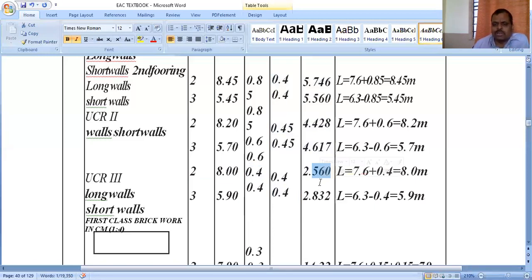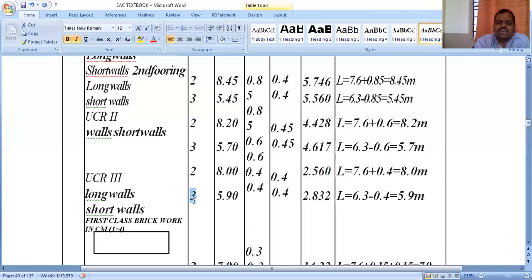I am solving the problem very slowly so that you get time to solve the same. So 2 multiplied by 8, the length of the item, multiplied by 0.4, again multiplied by 0.4. The quantity will be 2.56 cubic meter.